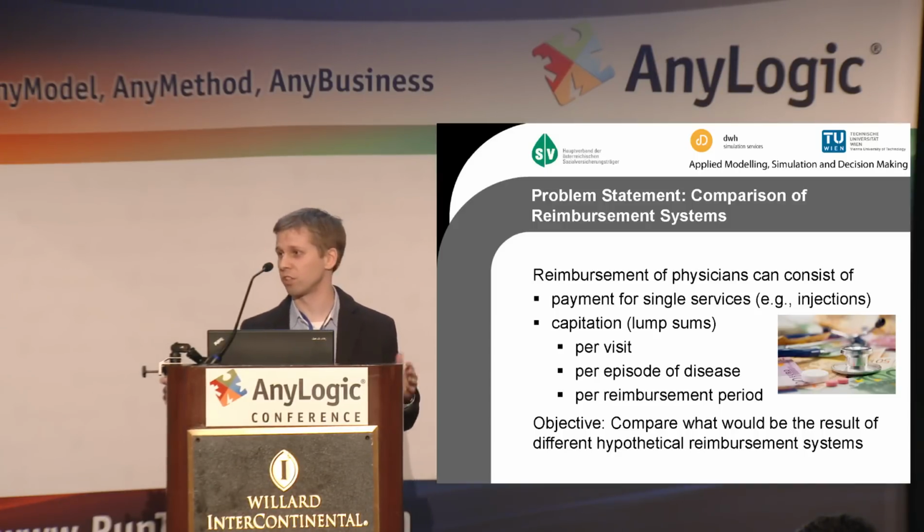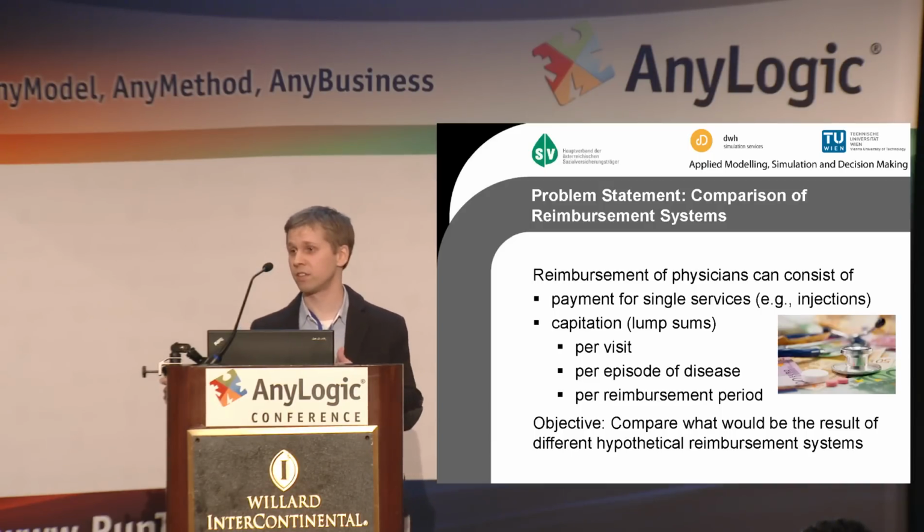But the social insurance also thinks of other reimbursement systems, more capitation-based systems, where you would pay a certain fixed sum per patient, per reimbursement period, or per episode of care, maybe depending on the disease.